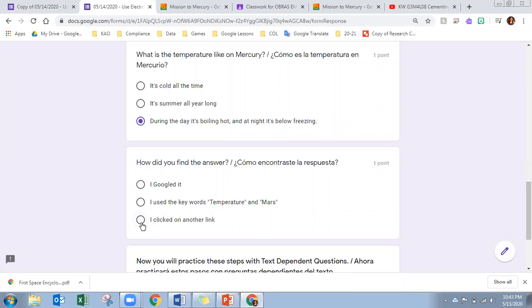At first, I looked for the keyword Mars and temperature. Then I had to click on another link, but then, oh, not Mars, Mercury. That's supposed to be Mercury. So I clicked on another link to Mercury, but then I still had to use the keywords temperature and Mars. So I'm going to go with that one, but really it's Mercury.